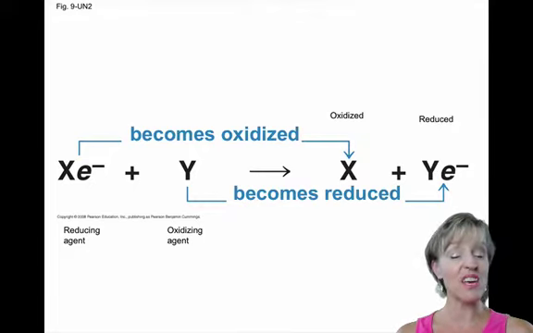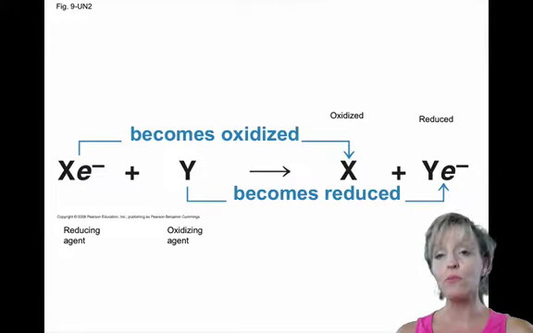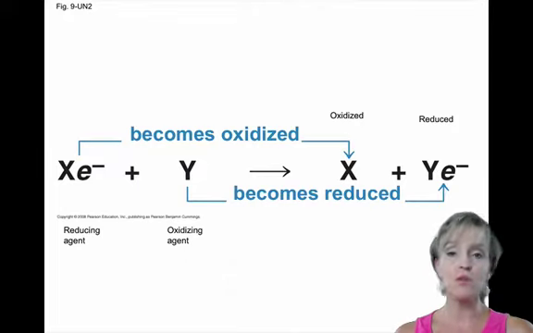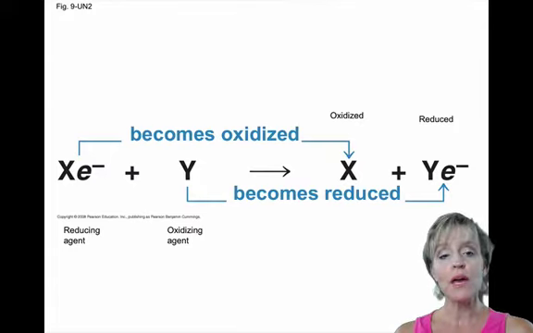I actually think it's a decent equation because the X and Y represents any molecule you might have, whether it's an organic compound, inorganic, whether it's glucose or lipids or whatever. Xe- is going to be oxidized. It will lose its electron with a negative charge. Y takes it on, so Y is reduced.